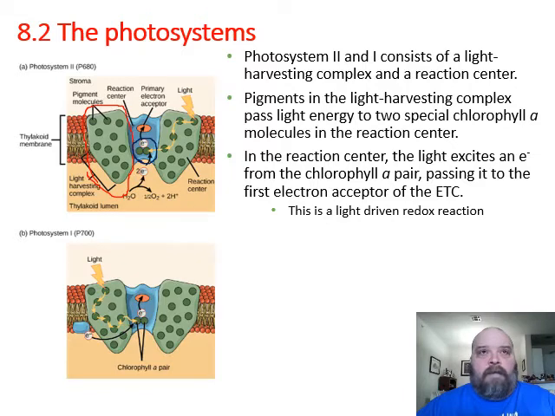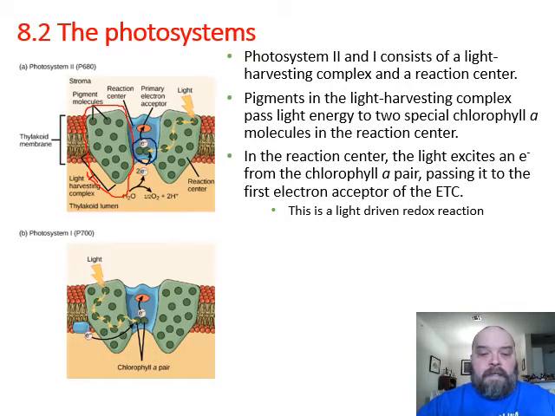So, a photon of energy hits a chlorophyll molecule in the light harvesting complex, causes it to vibrate at a different frequency, more energy. That energy gets passed around different chlorophylls until it gets dumped over to P680, this special chlorophyll that gives up electrons. Now here's the thing, you can't give up too many electrons before your shape changes. Change your shape, change your function. So somehow those electrons that were given up have to be replaced.